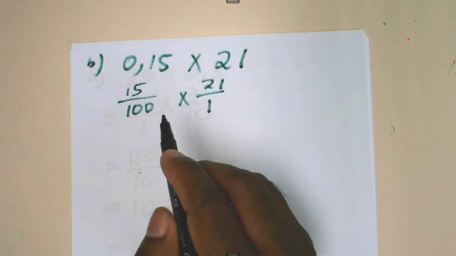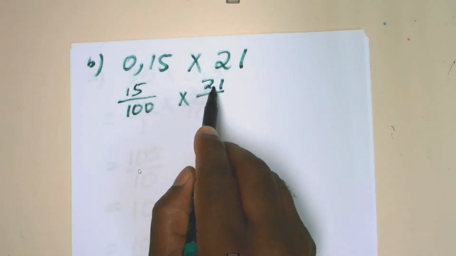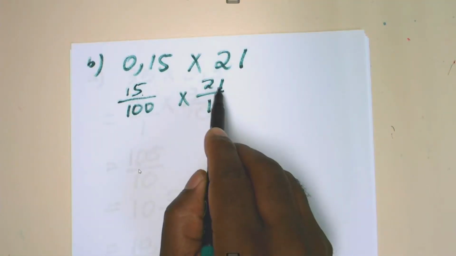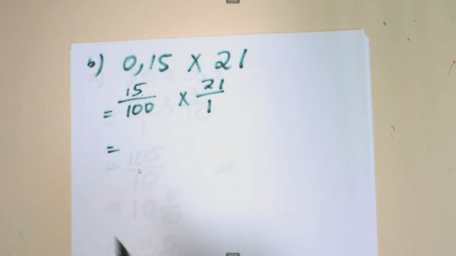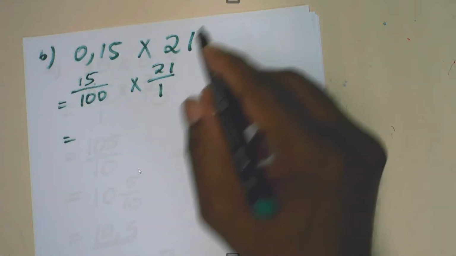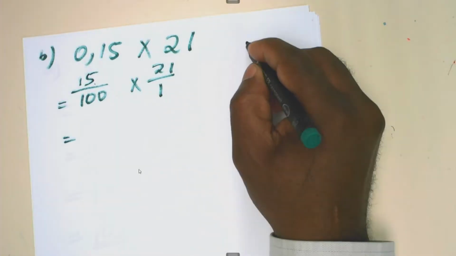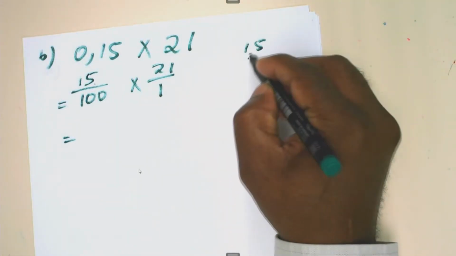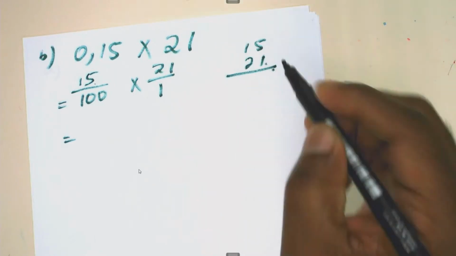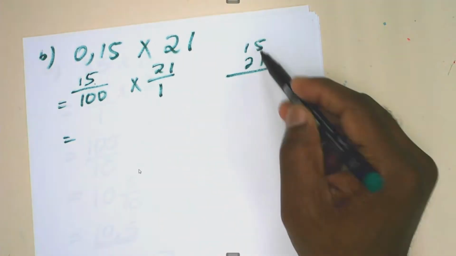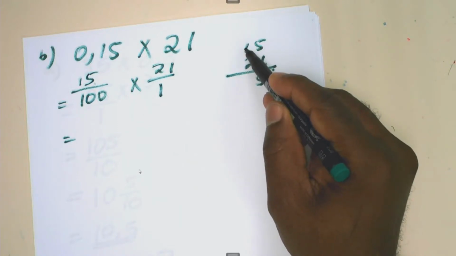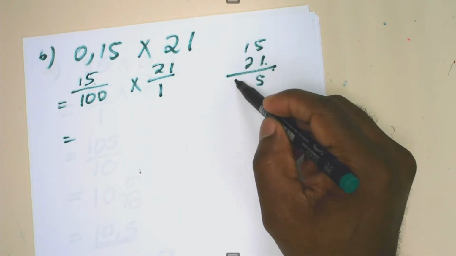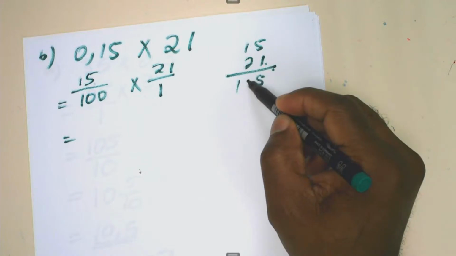Then what we have here, we can multiply 15 by 21. And how much are we going to get? When I was multiplying quickly, to quickly multiply by 21 again, we did it this way. 1 by 5 is 5, and then 1 by 10. Remember, the base value of this one is 10. It's going to be 10.